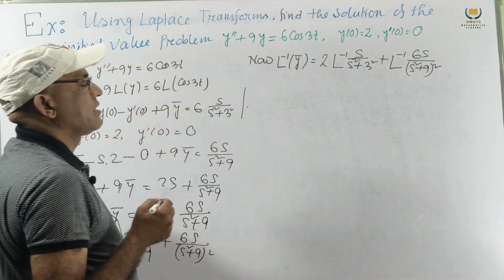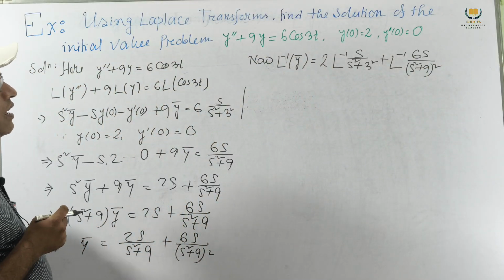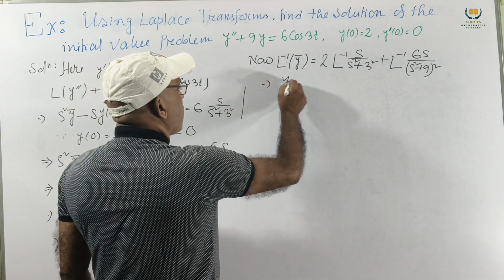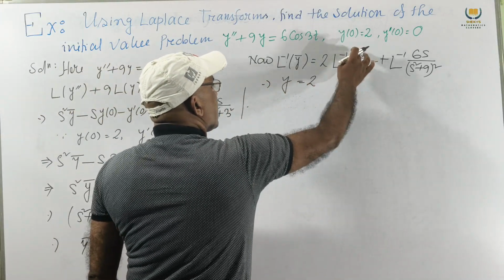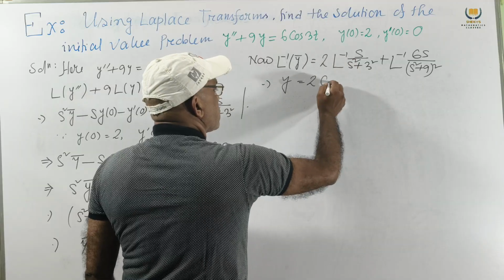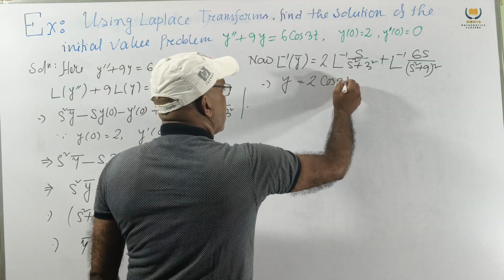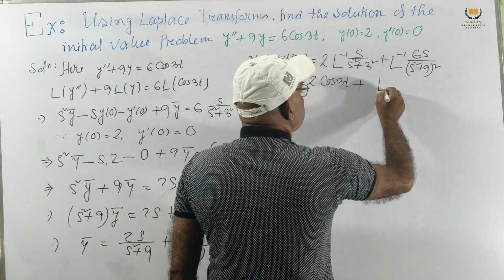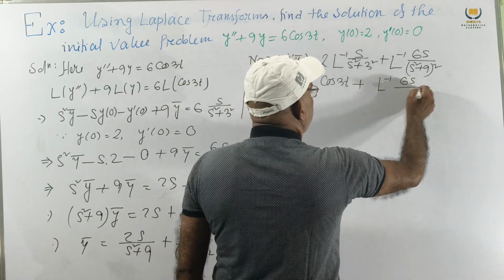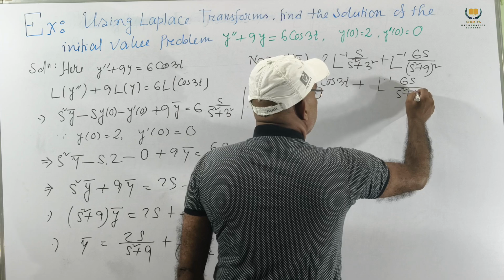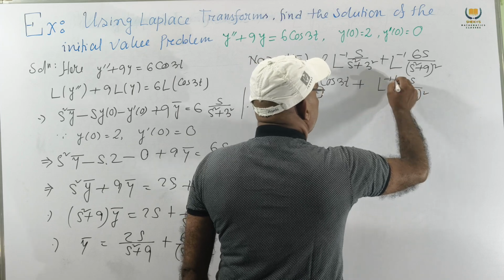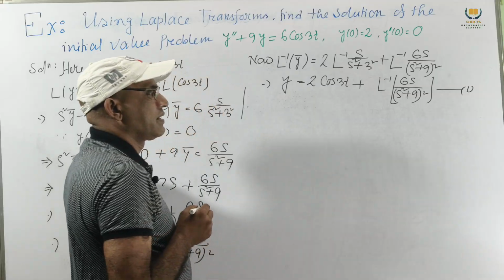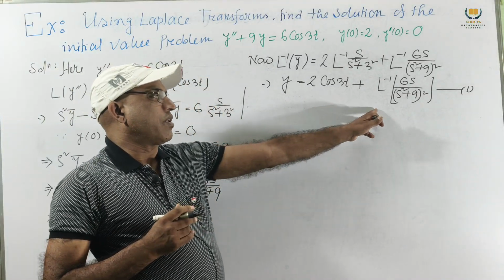So L inverse of y bar means y, and L inverse of s by s square plus a square is cos at, so that is cos 3t. The second term, 6s by s square plus 9 whole square, remains the same. This is number 1 we consider.